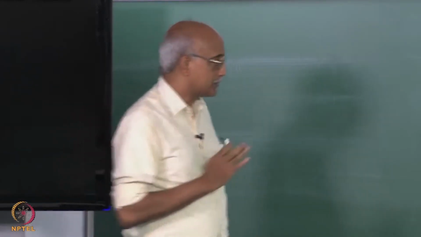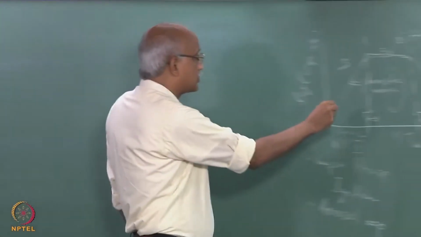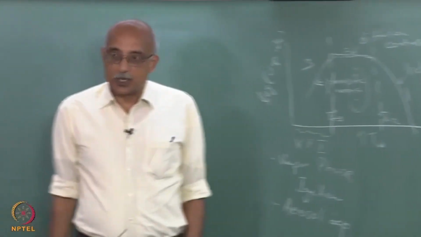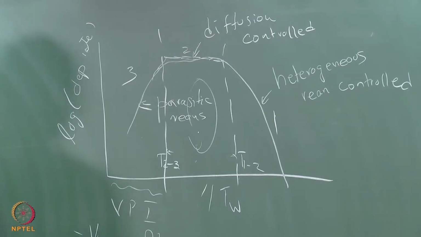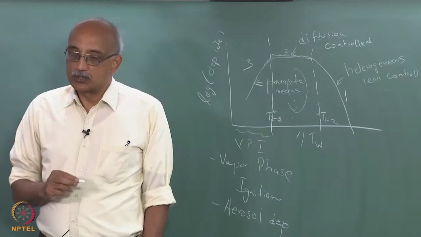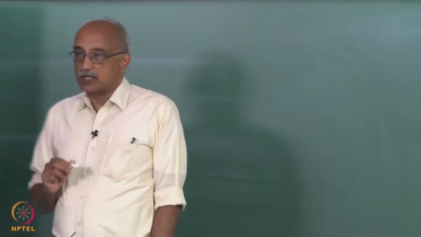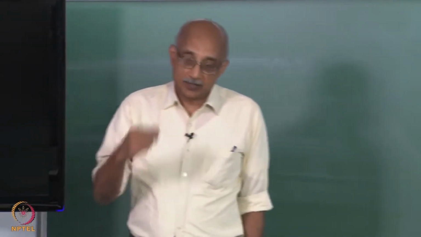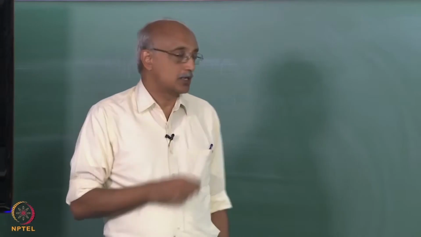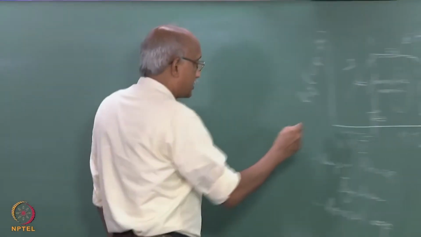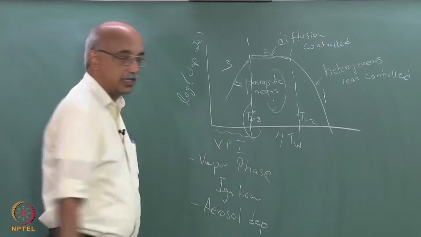So, that says you want to operate as close to this boundary as possible, but you do not want to tip over into the other side. So, the ideal operating condition for a CVD reactor to maximize the CVD rate while minimizing formation of nucleated aerosols in the gas phase is right around this temperature T23.